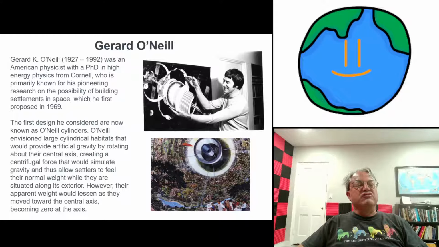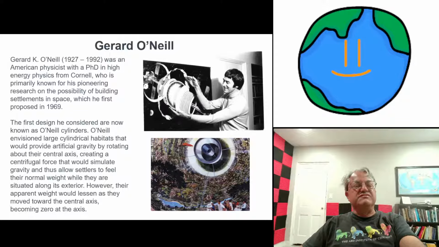But there's a picture of him on the upper right. That's his first design he came up with. The design of that one is what's known as a Bernal sphere. The one on the bottom is an example of an O'Neill cylinder, the interior of an O'Neill cylinder. I'll get into these in more detail later, but he had different types of designs, but the main ones he's known for are the O'Neill cylinders.